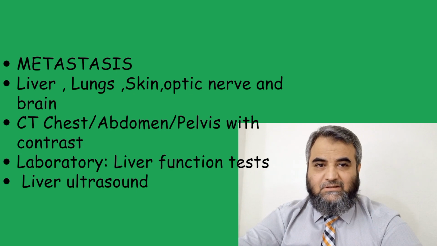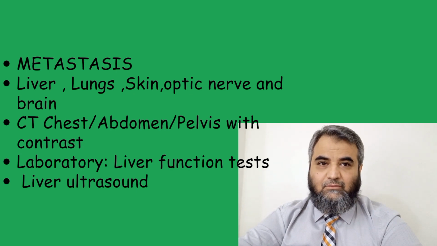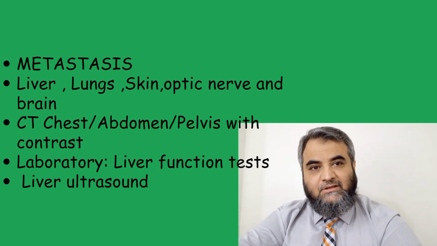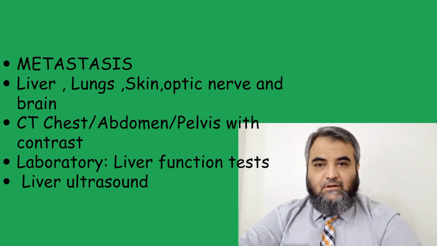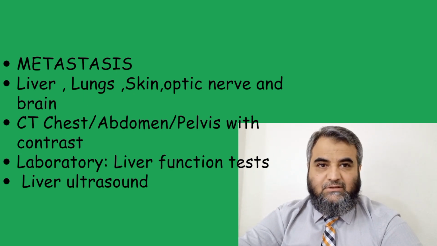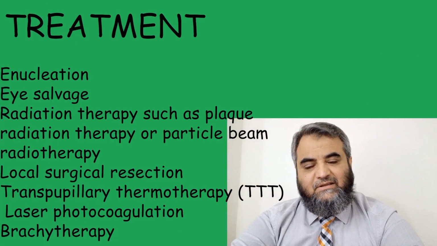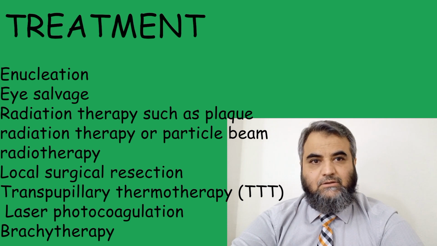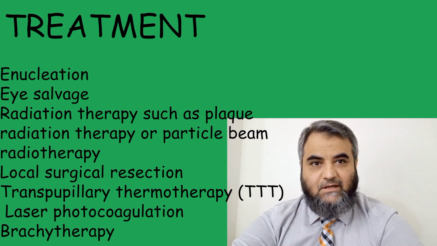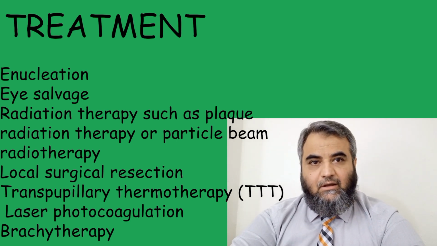To rule out metastasis is very important, because after that the treatment strategy changes and the prognosis of the patient is also affected. So we have to keep all these things in mind when we are screening the patient. On the size, as I mentioned, whether it is small, medium or large, and whether it has metastasized or not, surgical options are there.